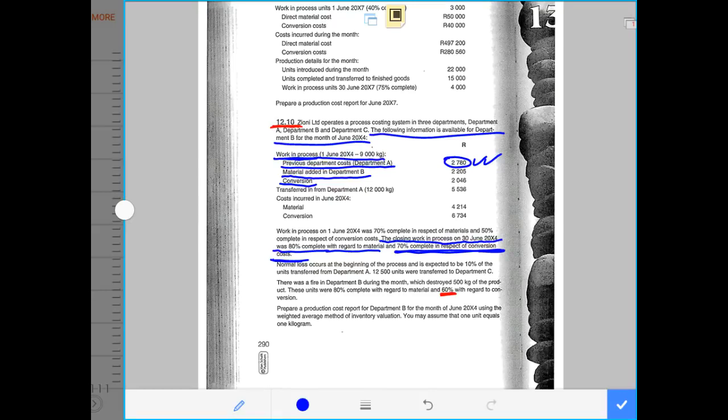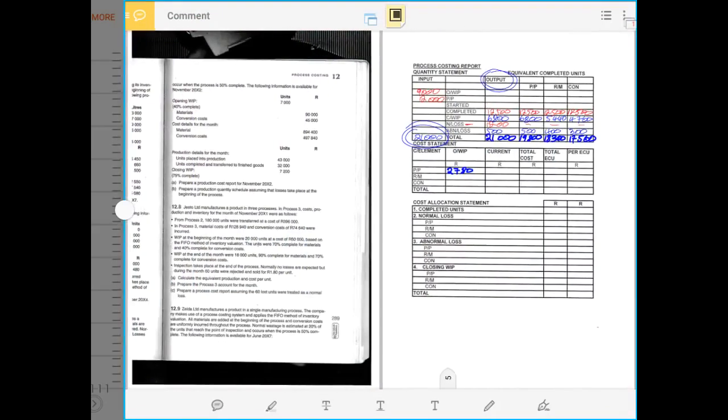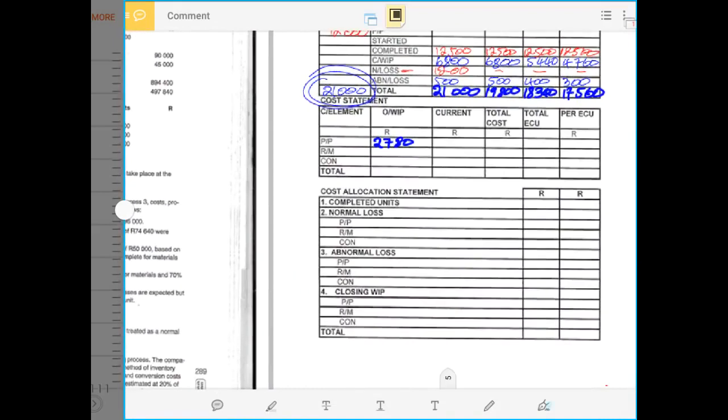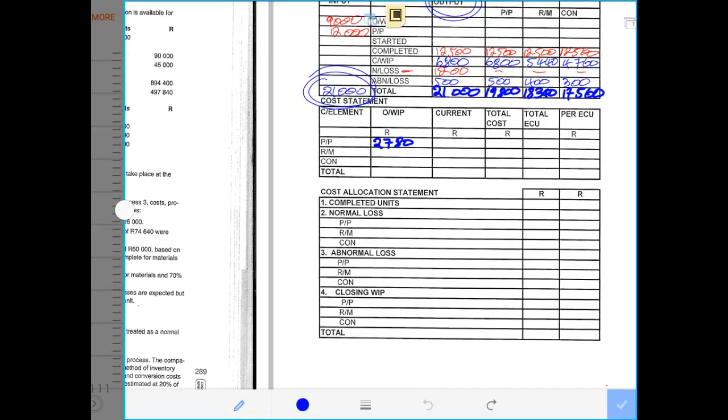They are all under the opening work in process column, so we record everything there: 2,205 and 2,046.